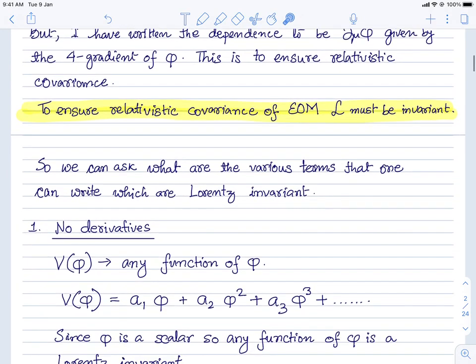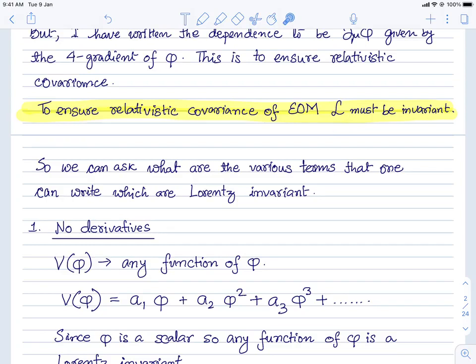Now, let us say that we don't know what the dynamics of the scalar field is. So we have no idea about this L. We just know the fact that it has to be invariant under relativistic transformations. So what are the terms that we can write in this L?